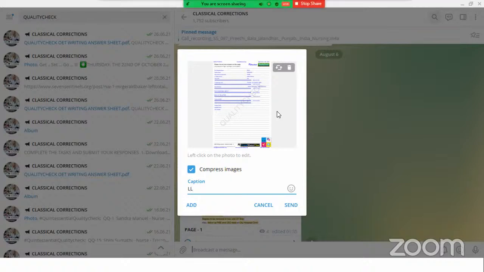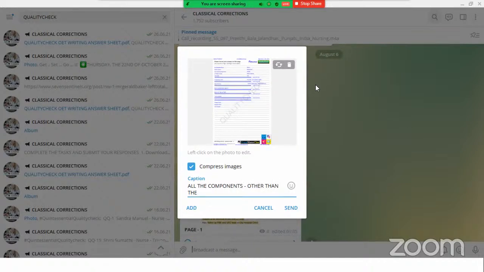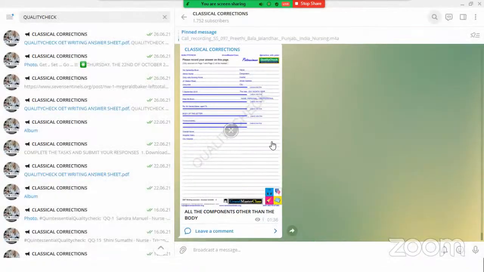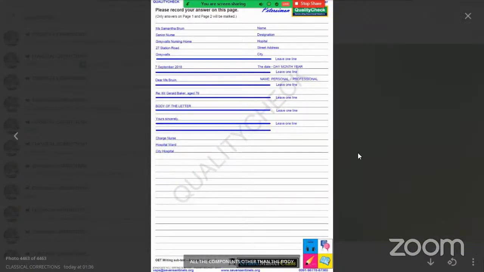All the components other than the body. Yes, I have posted it there. You can see now: 1, 2, 3, 4, 5, 6, 7.